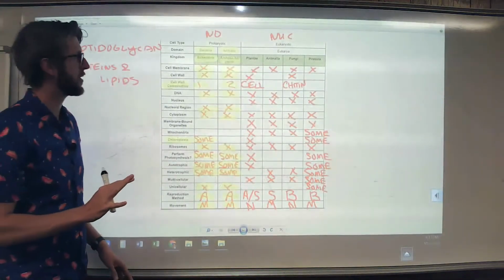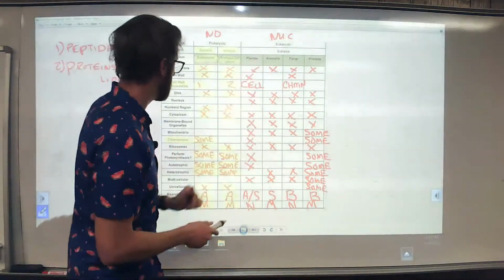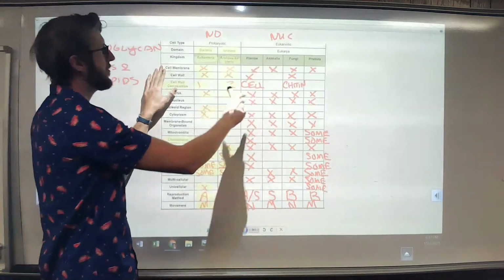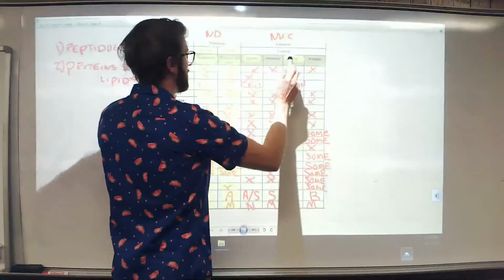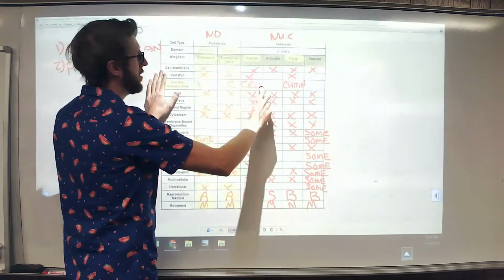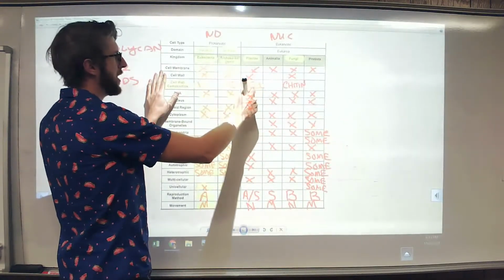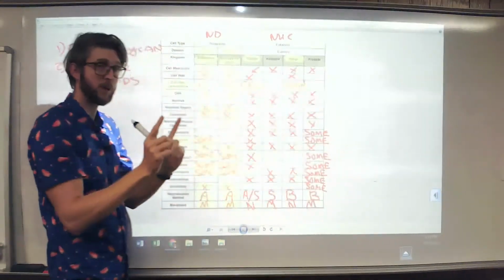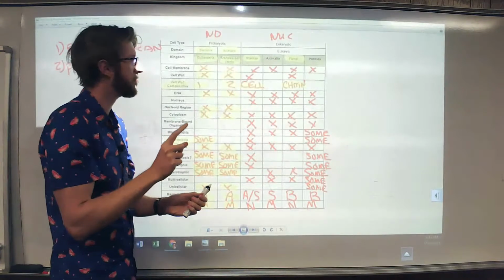Let's talk about plants versus fungus, okay? So I want you to know the difference between plants and fungi is that their cell wall is made up of something different from the fungus cell wall, okay? So again, their cell wall is different. That's one thing.